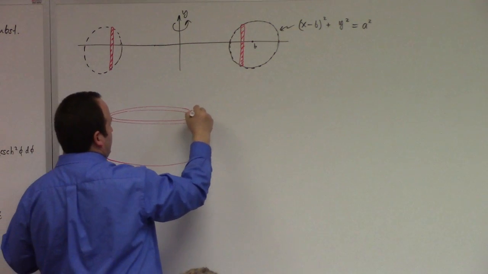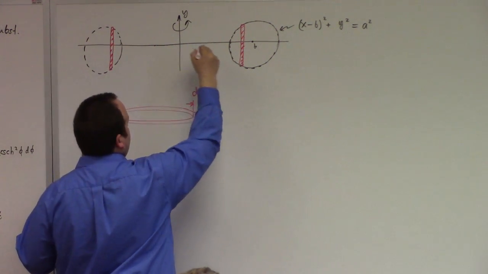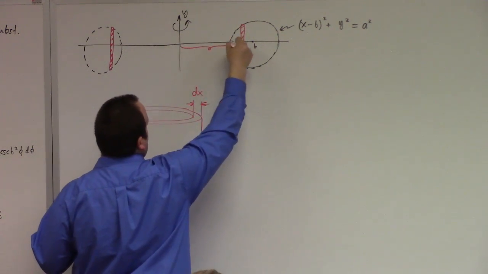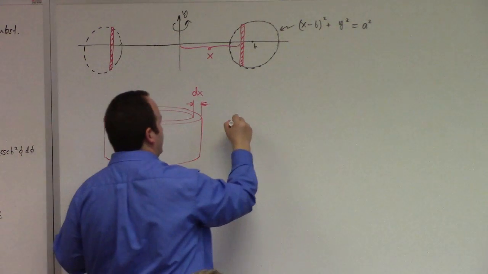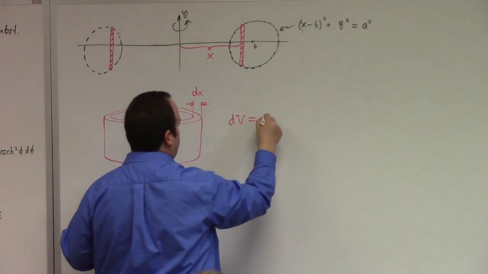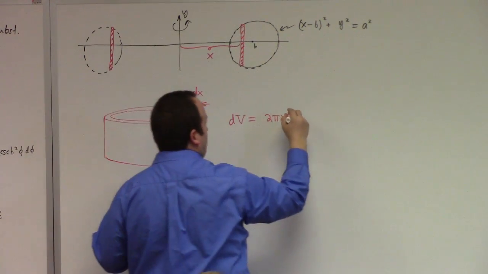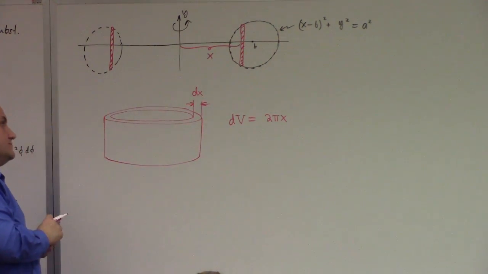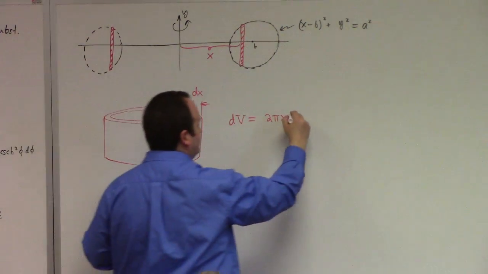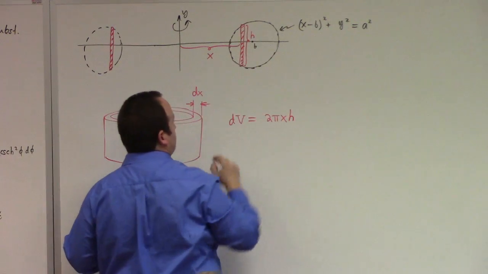All right, so the thickness of the shell is what? It's dx. What's the radius? It's x, right? So what's the infinitesimal volume of this little cylindrical shell? It's 2 pi x times this distance, which is what? We call it h, and then dx.